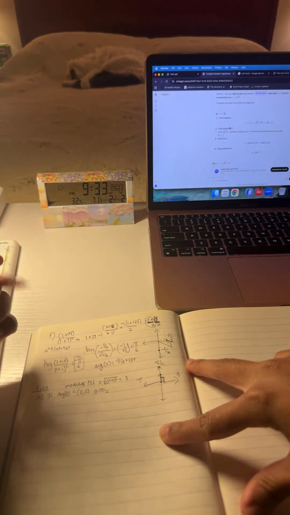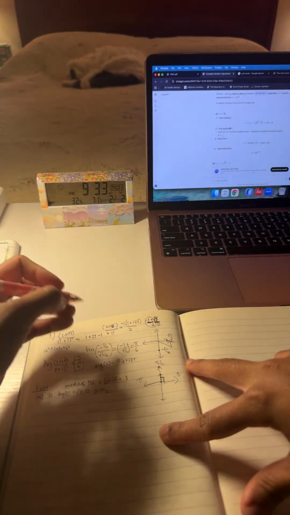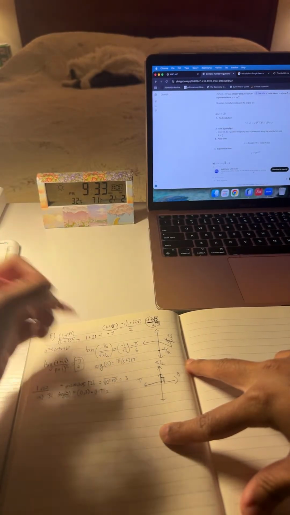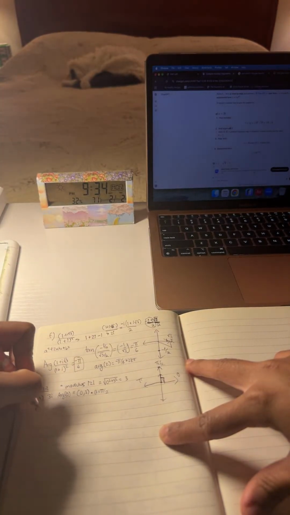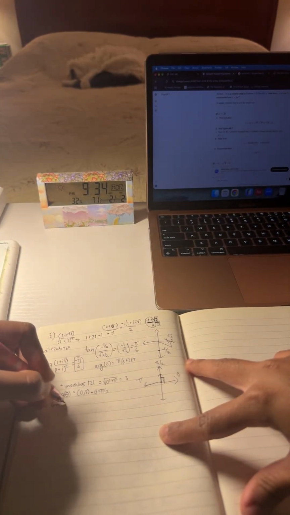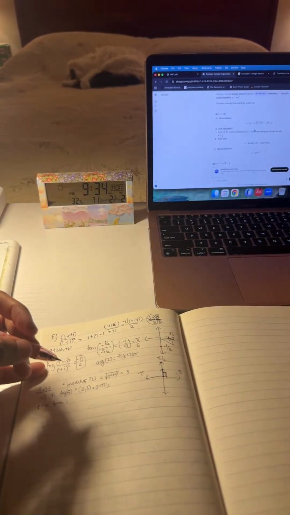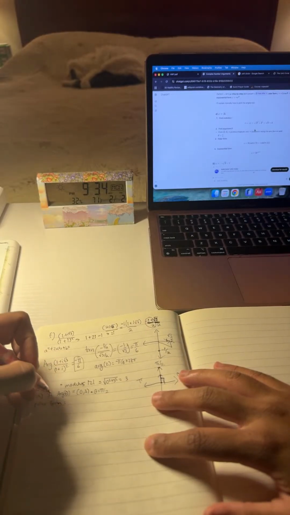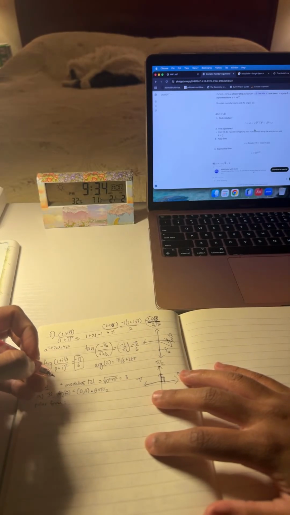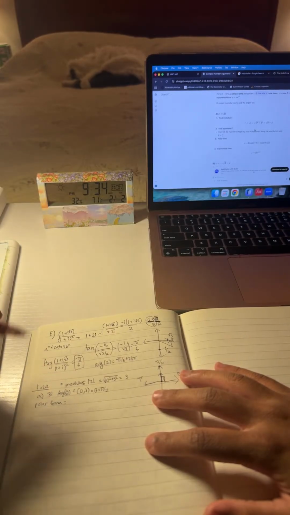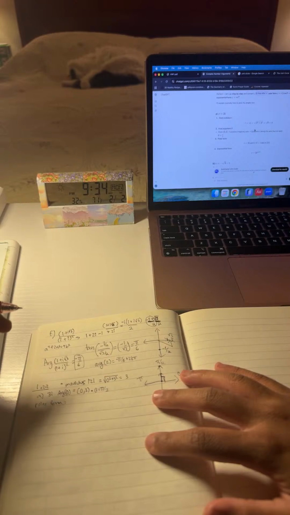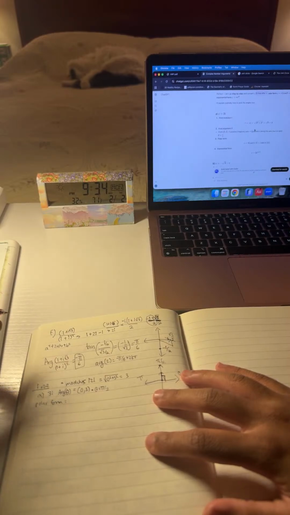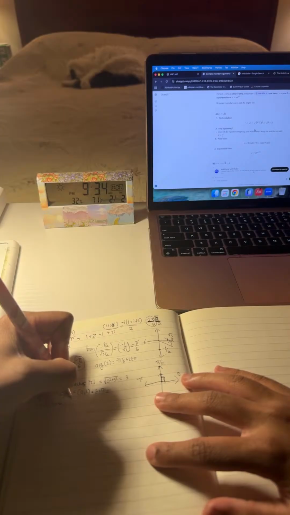So since we know our modulus and our theta, for polar form we have z equal to 3 times cosine of pi over 2 plus i sine of pi over 2. Actually, no, polar form is r, right?